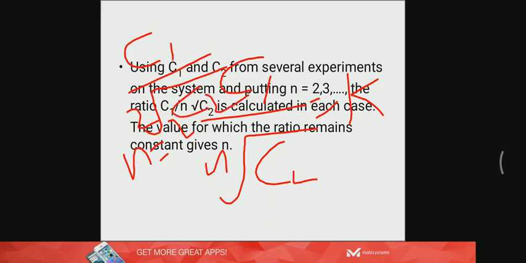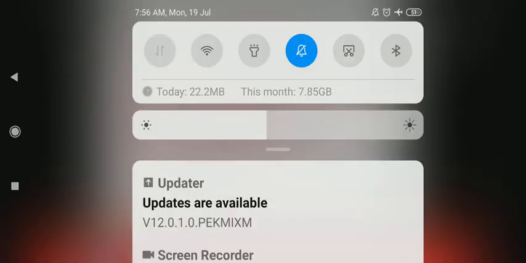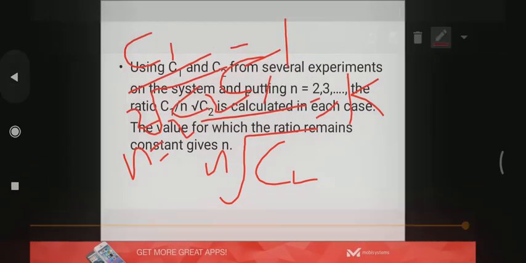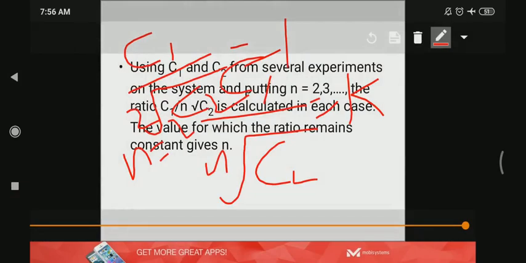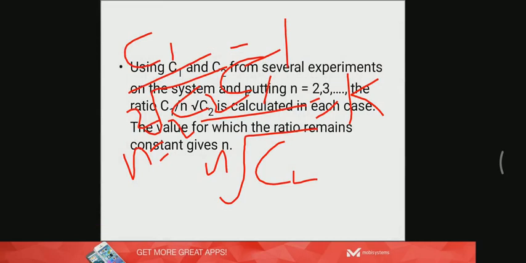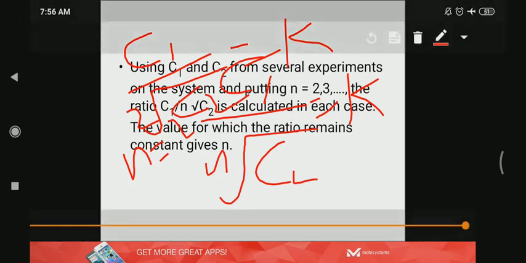The square root of C2 gives a constant. That means by putting n equal to 2, you get the constant K. That means benzoic acid undergoes dimerization in benzene, right? So these are various applications of Nernst distribution law. So that's the end of the module.